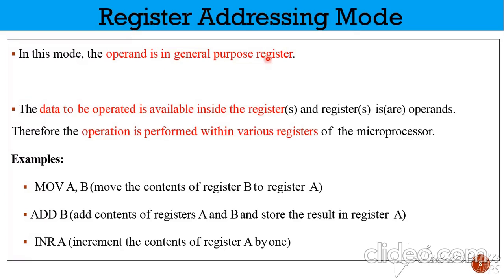The operand is available in a general purpose register. The data to be operated on is available inside the register. So ADD B means add the contents of B to the accumulator and store the result in the accumulator.